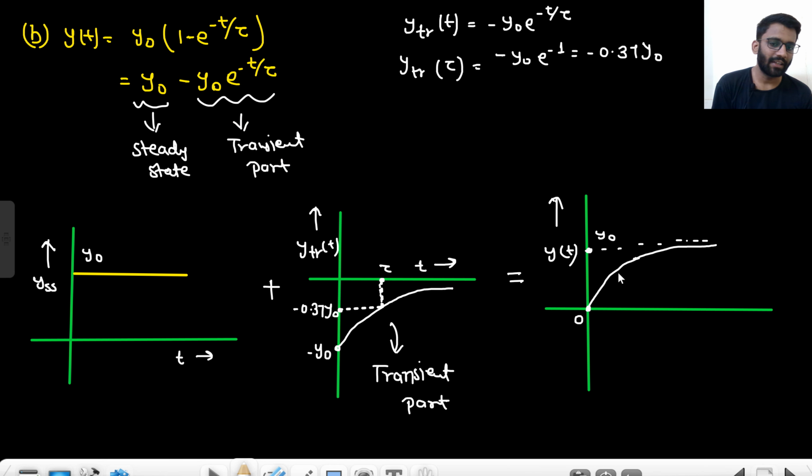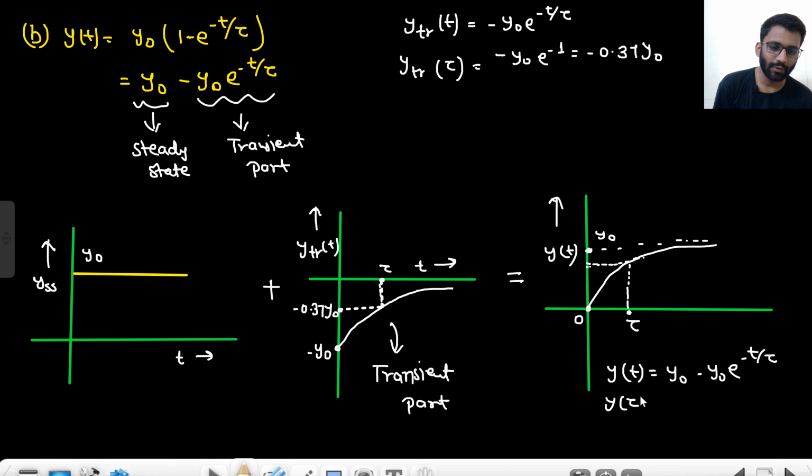Someone will say that at t equals tau, you are reaching some value. Let's assume this is my t equals tau. In this graph, at t equals tau, what is y(t)? y(t) is y naught minus e to the power minus t upon tau.